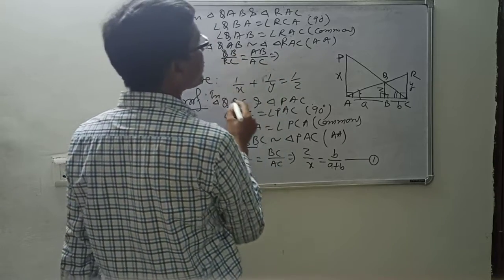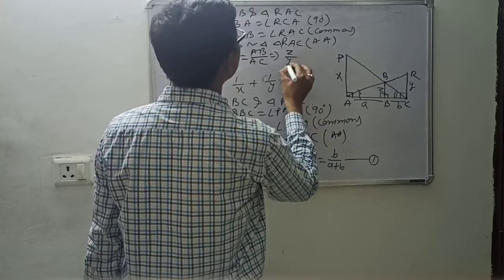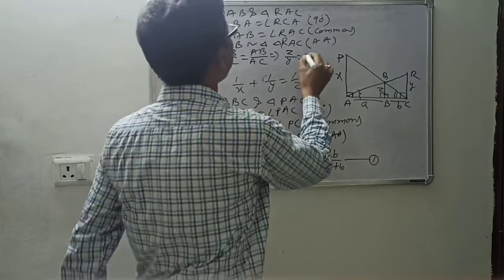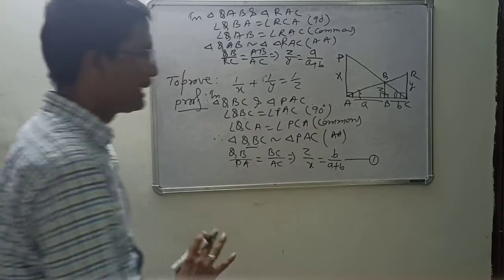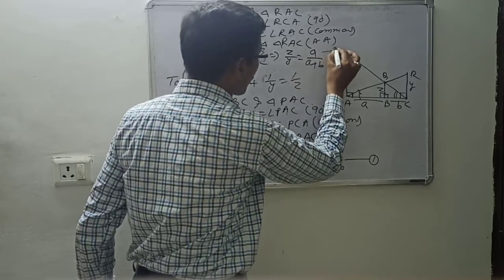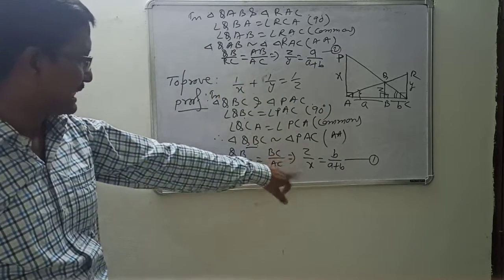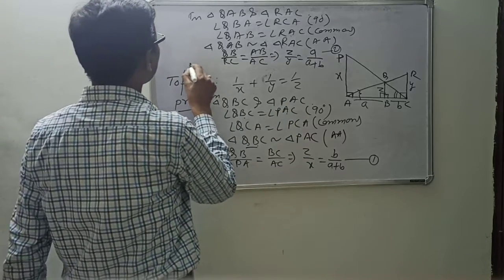That means, look what happened: QB means Z by RC means Y equal to AB means A by AC means A plus B. These two relations you got. But you have to prove 1 by X plus 1 by Z to be found out. So add 1 and 2.